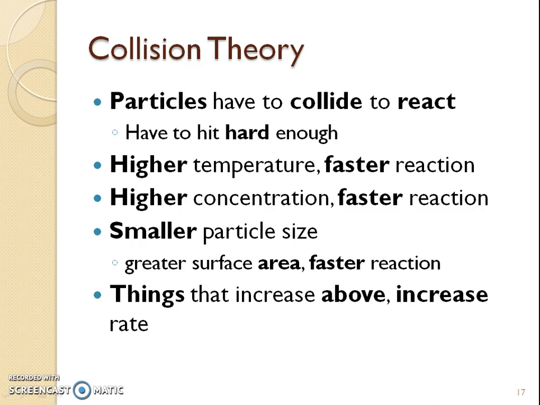So the reactants colliding with each other in order to make those products. So this should make sense. If we heat up the temperature of that reaction, the reaction should go faster. But the why, can you put a good AP response to the why?